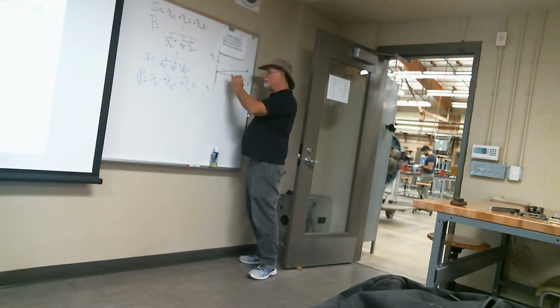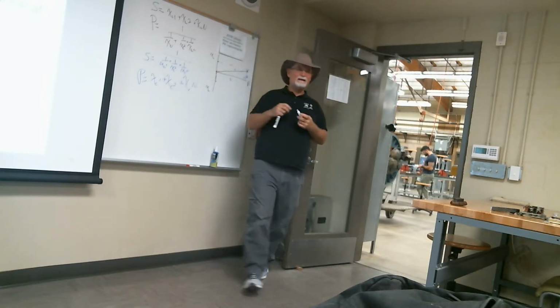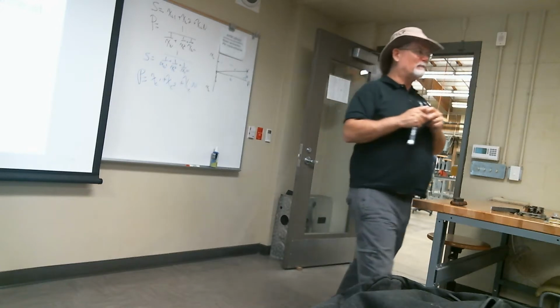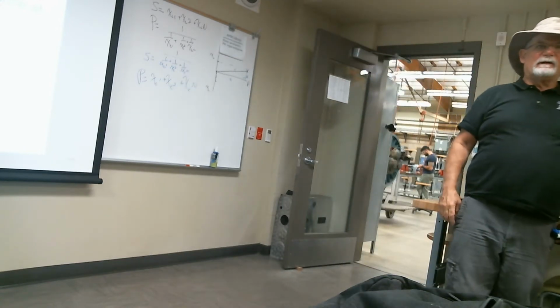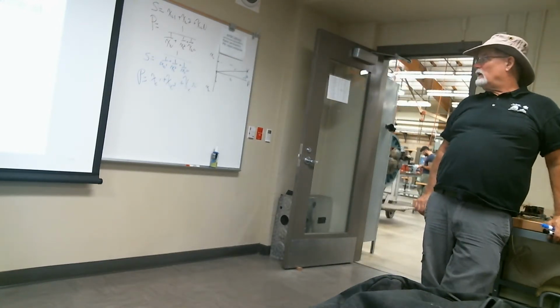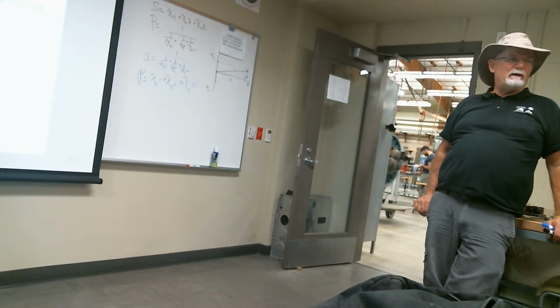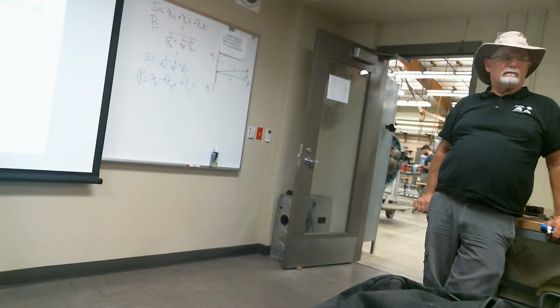Now I've got side B, side A, the hypotenuse or side C, and Pythagorean's theorem comes into play. Pythagoras said the square root of side A squared plus side B squared equals side C.